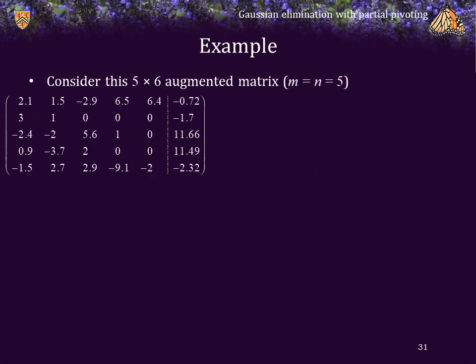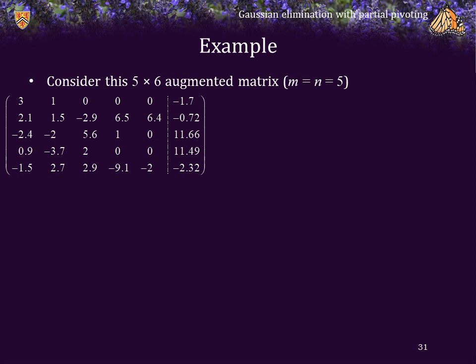Now, here is an example of a 5 by 6 augmented matrix. So, m equals n equals 5. So, starting in column 1, we determine that the largest entry in magnitude in column 1, that is a leading non-zero value, which is all of them, is in row 2. So we will swap rows 1 and 2. Next, we will proceed to add appropriate multiples of row 1 onto each subsequent row.